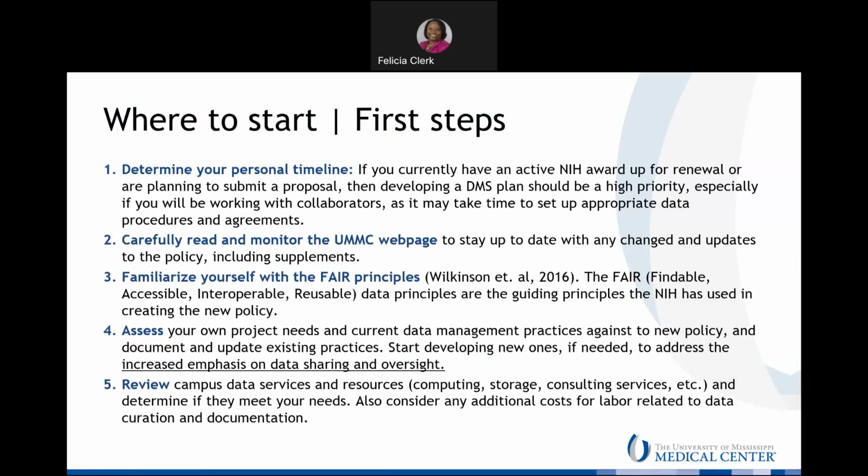The DMSP should be your first priority, especially if you will be working with collaborators, as you take time to set up the appropriate data procedures and agreements, if you need those. They do not have to be submitted when your grant application is due. But as we always state in the ORSP office, it is better to start things ahead of time than to do things at the 11th hour.